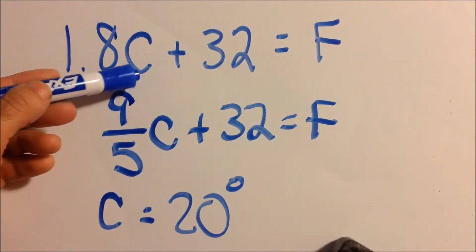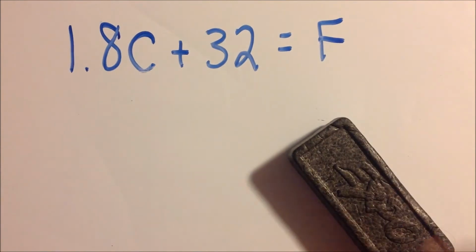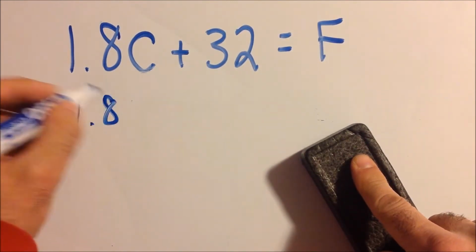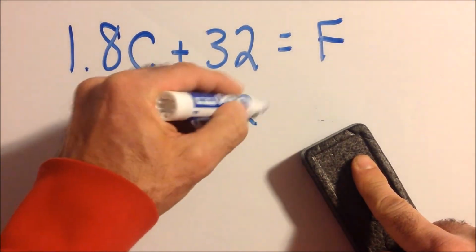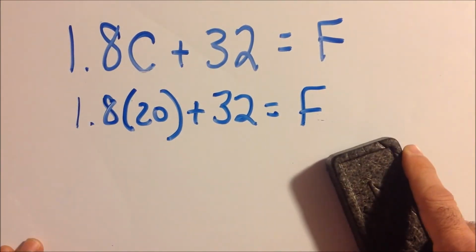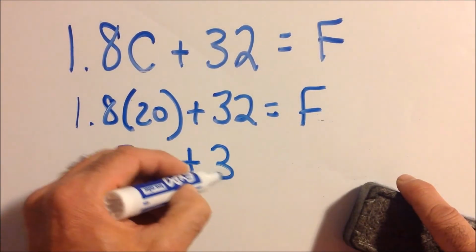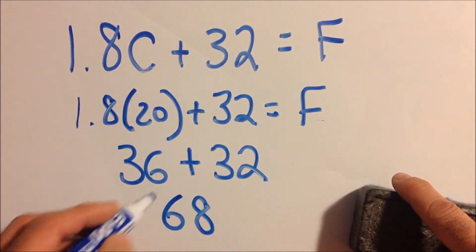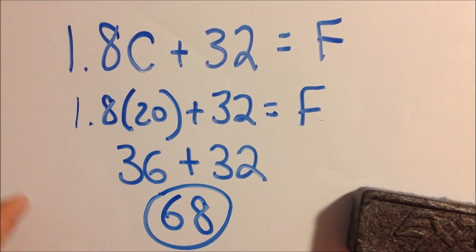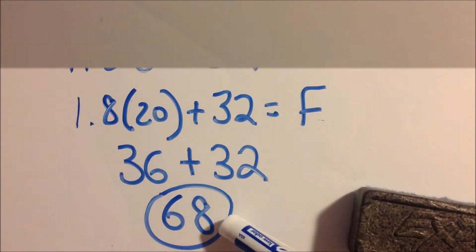Instead of C, it's now 20. So we have 1.8 times 20 plus 32 will give us our Fahrenheit. 1.8 times 20 is 36. We add 36 plus 32, and the Fahrenheit is 68 degrees. So if we were in Europe and it said 20 degrees Celsius outside, and in America we think 20 degrees is cold, but it's actually 68 degrees.